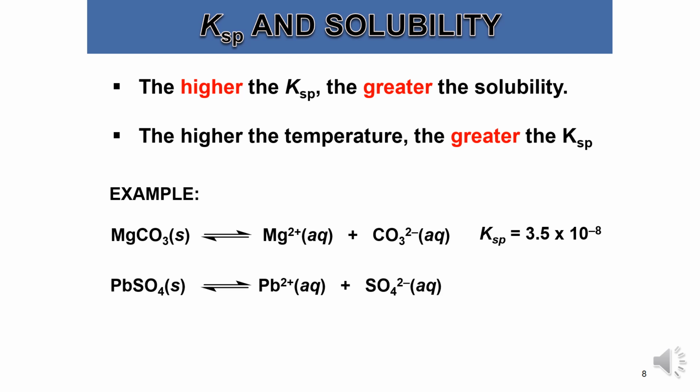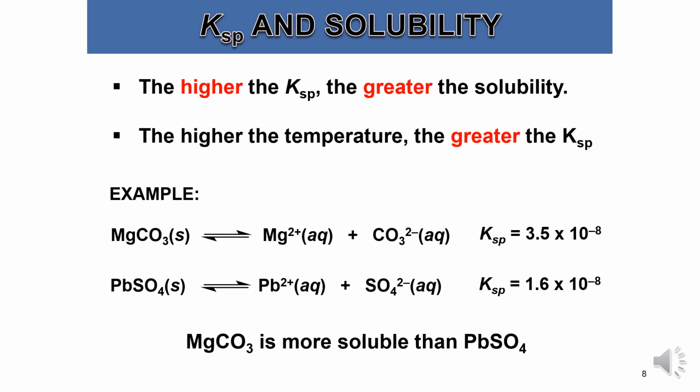And PbSO4 solid, slightly soluble, forms Pb2+ aqueous plus SO4 2- aqueous, where Ksp is given as 1.6 times 10 to the power of negative 8.